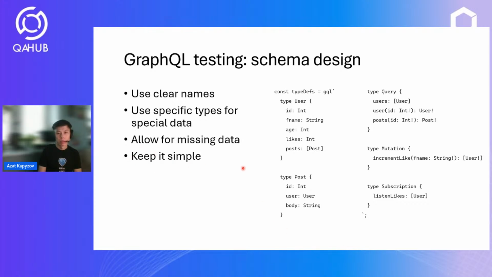Keep it simple. Basically, GraphQL allows you to create very complex structures. I mean, we can have very complex references between different objects. Like, for example, in this case, it's a simple example, right? So in user type, we have just one reference to post type.